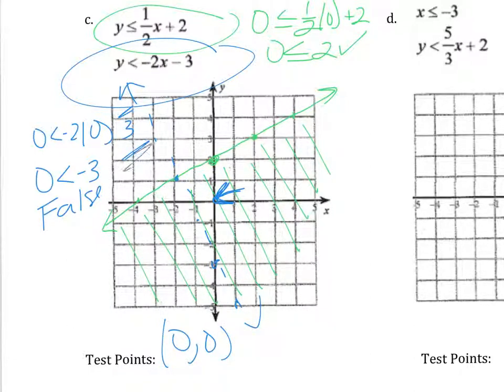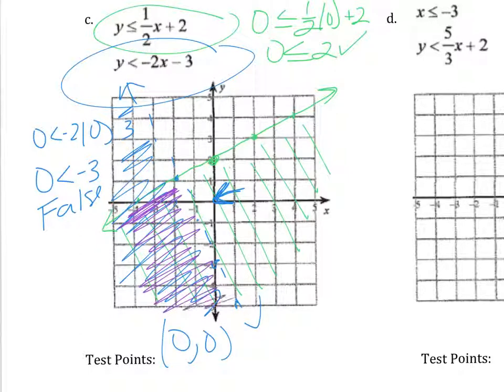So everything to the left of my blue dotted line would be shaded. So again, we're looking to see the part that's overlapping, which I'm going to make in purple. I'm looking to see where the two colors are overlapping, and that would be the solution area for these systems of inequalities. So in this purple area, we could find answers for both of those.